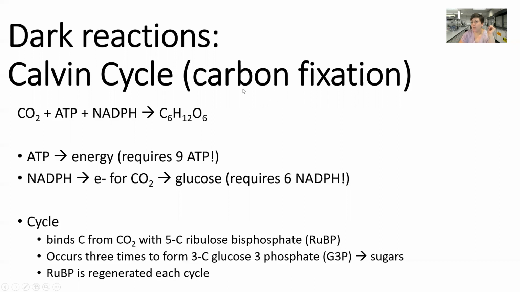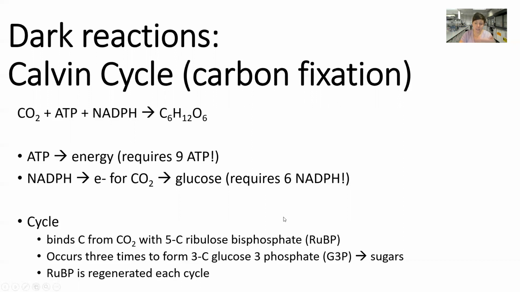So this is where, again, carbon fixation means we're taking inorganic carbon and fixing it. Fixing it means basically sticking it in bond with another molecule, fixing it into an organic compound.